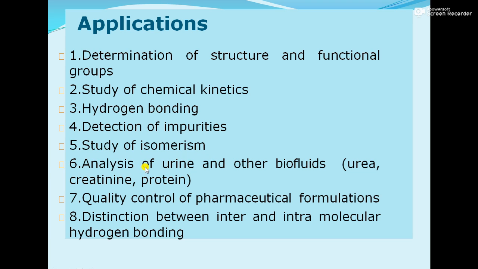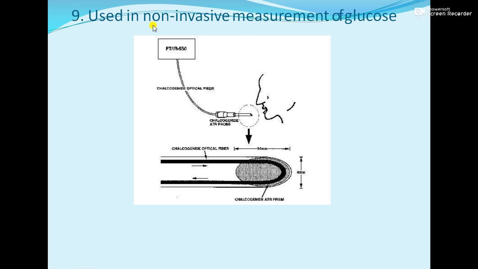Now other very important applications: it helps in the analysis of urine and other biofluids, like urea, creatine, protein. Quality control of pharmaceutical formulations can also be done with the help of IR spectroscopy. The distinction between inter and intra has already been discussed. It is used in non-invasive measurement of glucose.